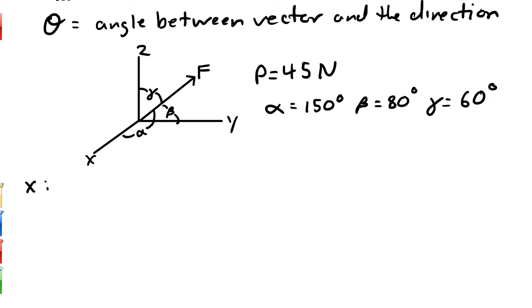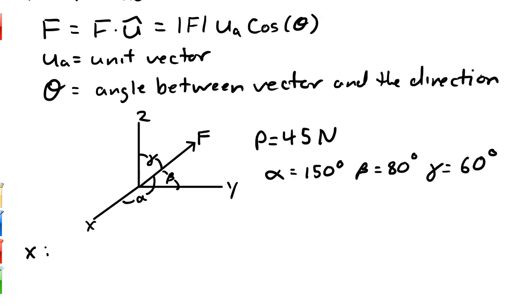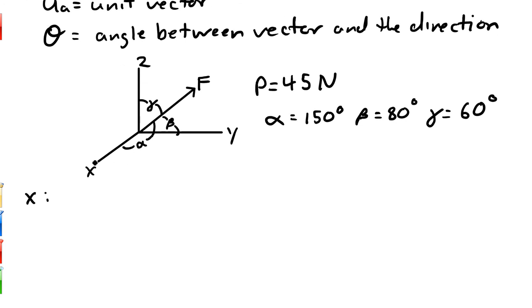So let's write the above equation down here. We have the magnitude of P times UA, cosine of alpha.